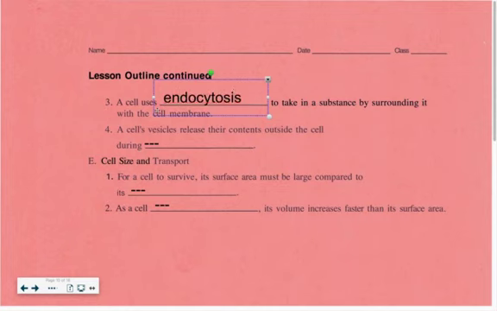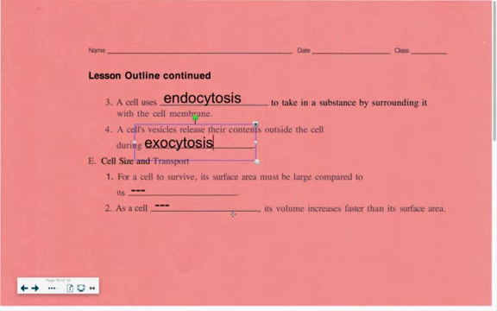Here's a picture of this coming up on the next page. A cell's vesicle releases its contents outside of the cell. This is exocytosis, like exit, right? Exocytosis, outside of the cell.